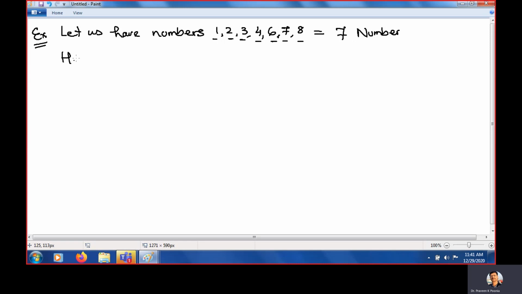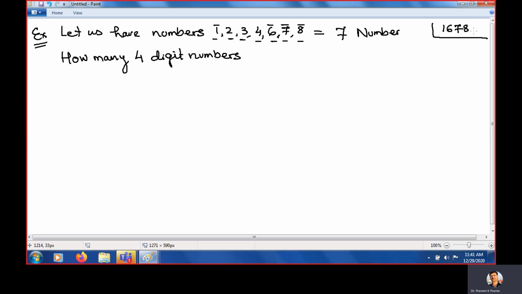So the question is, how many 4-digit numbers can be formed? A 4-digit number means, like I'm using here the number 1678. This is one example I took: 1, 6, 7, 8. 4 numbers I choose.